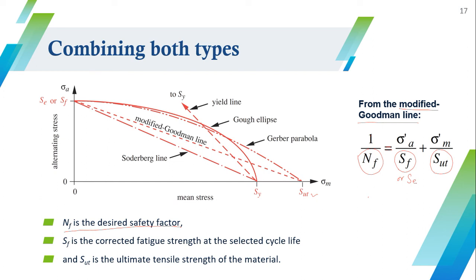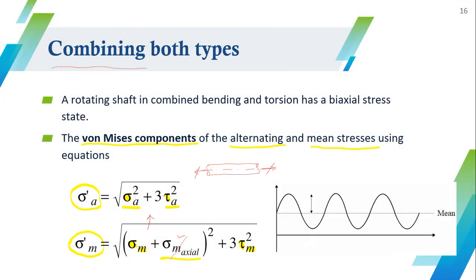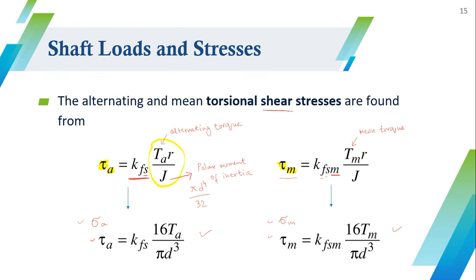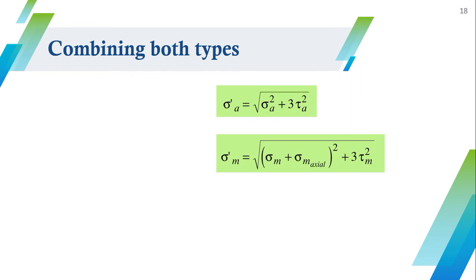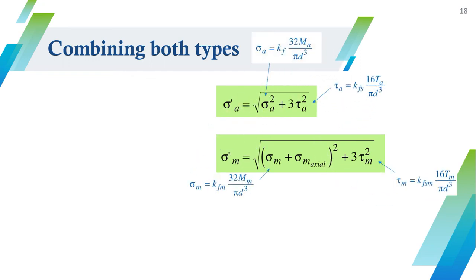So this equation is very important because in it we are going to substitute our earlier expressions that we derived on the previous slides. So let's see what happens now. First of all, we have these expressions for the von Mises alternating component and mean component.